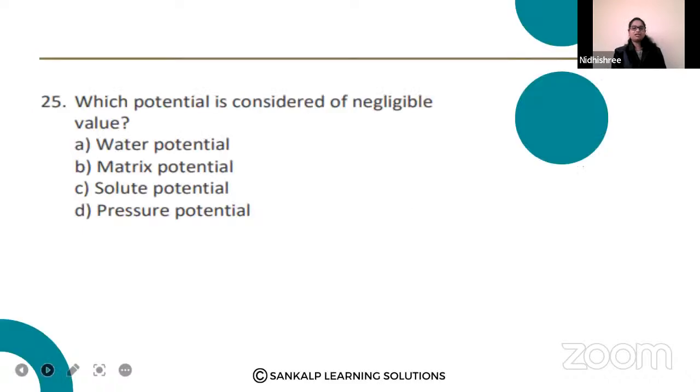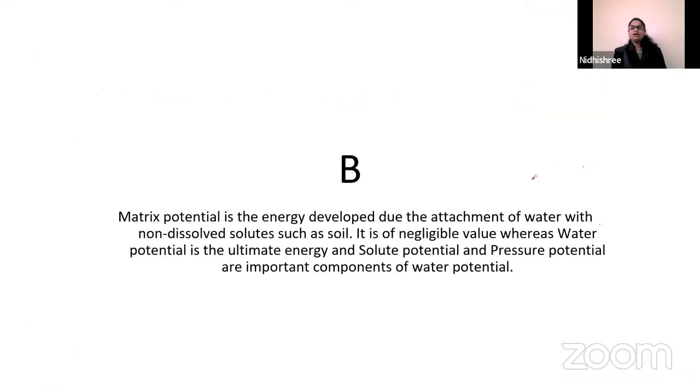Option B, that is matrix potential, is the right answer. It is the potential developed due to the attachment of water with non-dissolved solute such as salt. It is of negligible value, whereas water potential is the ultimate energy, and solute potential and pressure potential are important components of water potential. So the right answer is matrix potential.